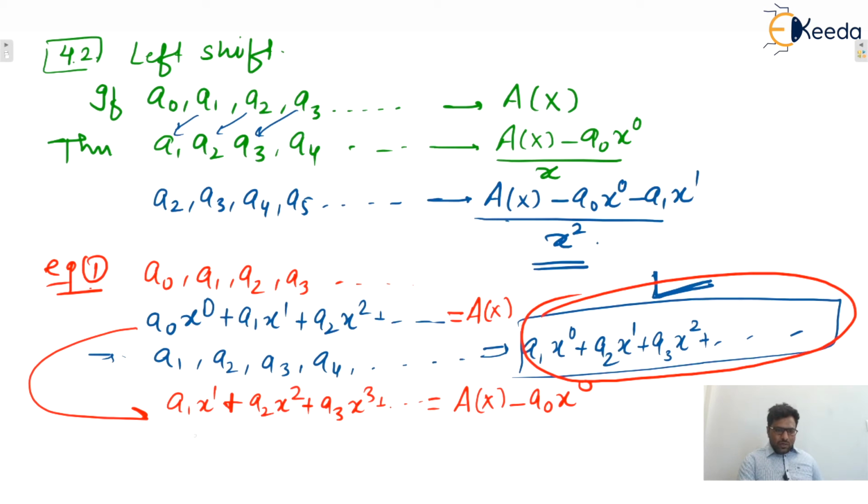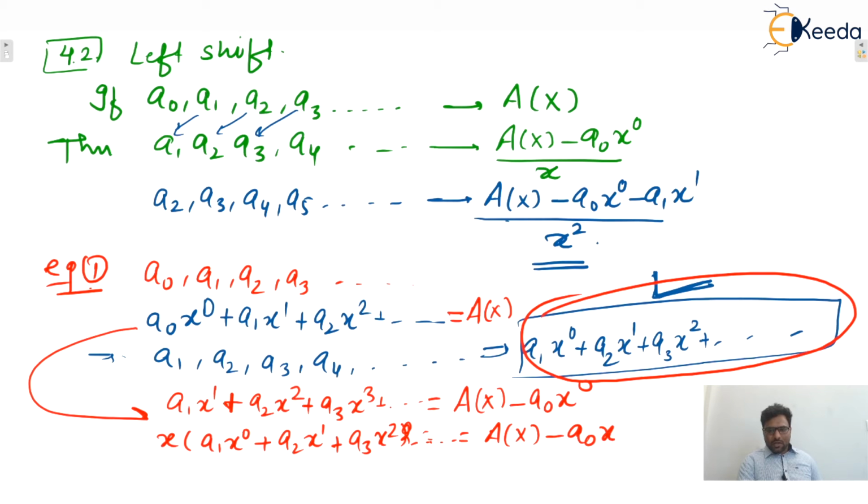So here take x as common, so it becomes a1 x^0, a2 x^1, a3 x^2, up to infinity. So it is equal to A(x) minus a naught x^0. And what will be the value of a1 x^0 plus a2 x^1 plus a3 x^2 up to infinity?